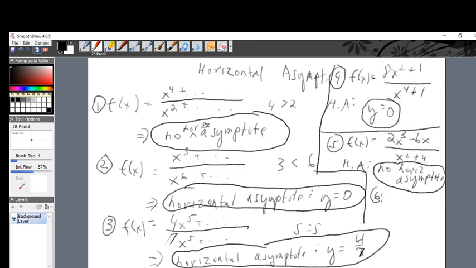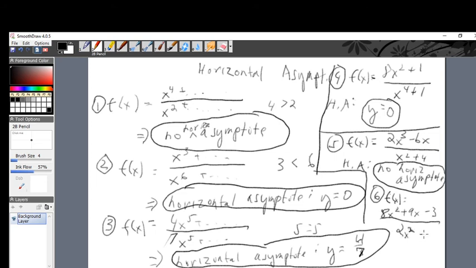Finally, problem number 6. f of x equals 8x squared plus 9x, everything's in descending order, so it's all in order, no trick question, you didn't have to rearrange anything, divided by 2x squared plus 1.